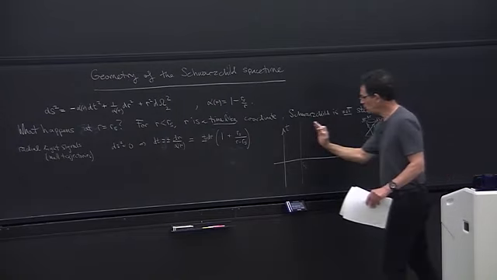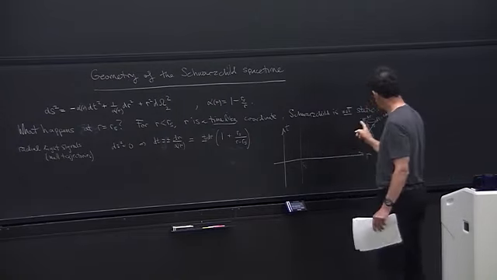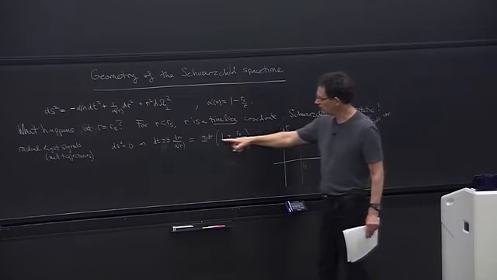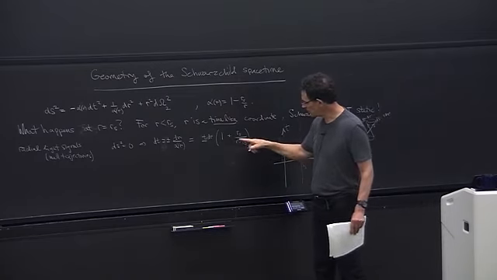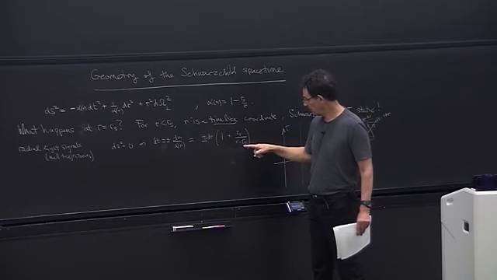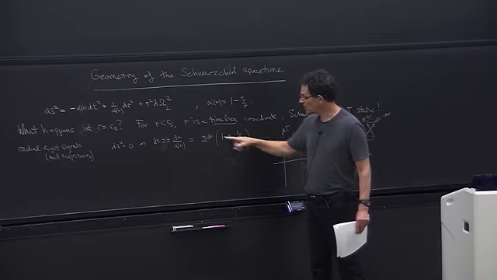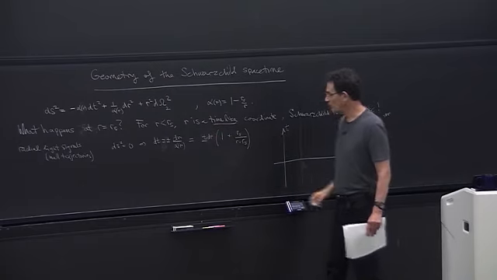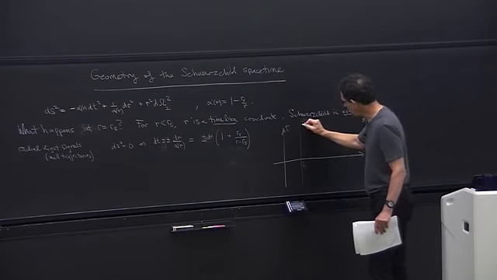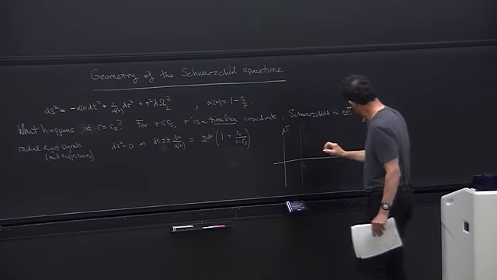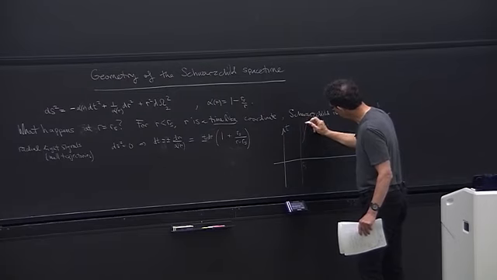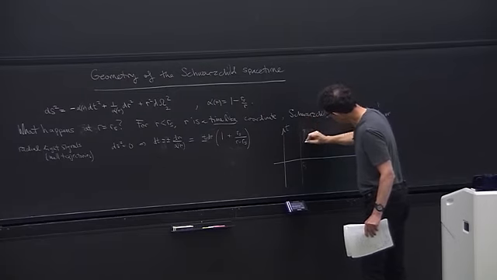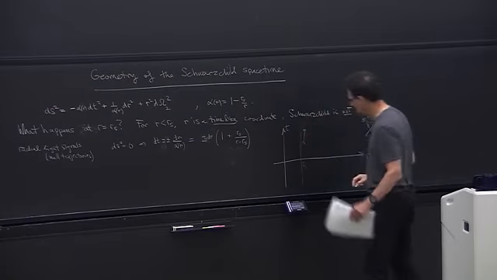Now, as I move towards r equals rs, you notice that as r tends to rs, this number gets very big. And so the coefficient of dr gets bigger. So the light rays steepen. So they look more like this. Not at 45 degrees anymore.